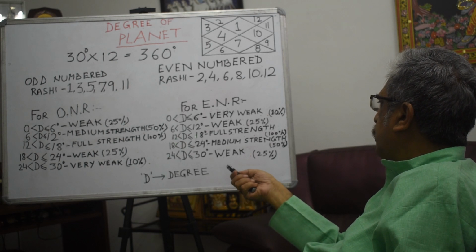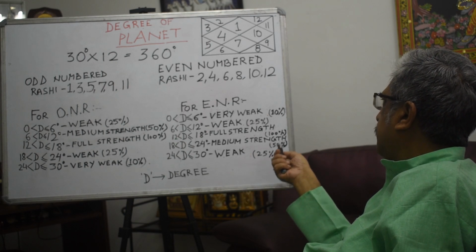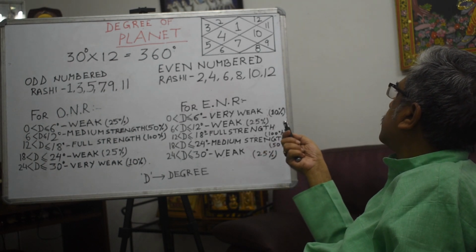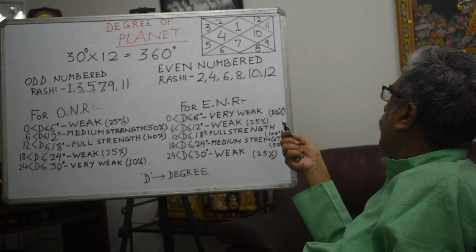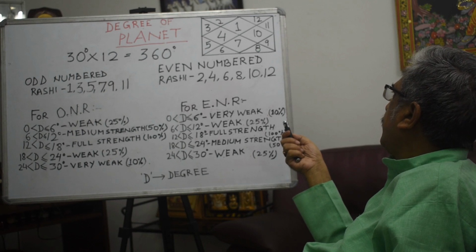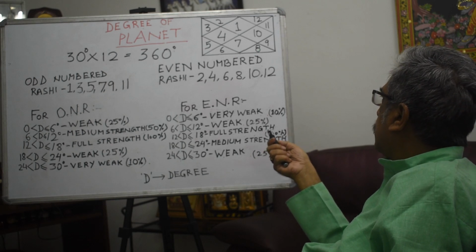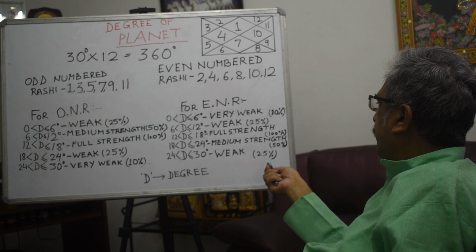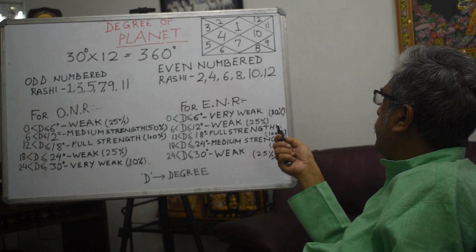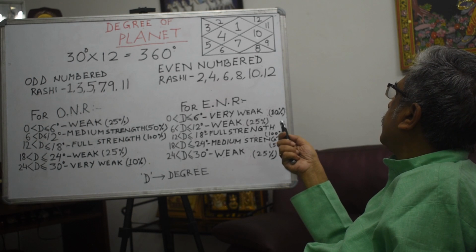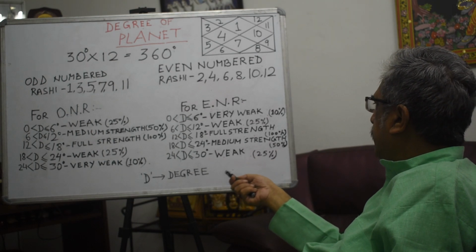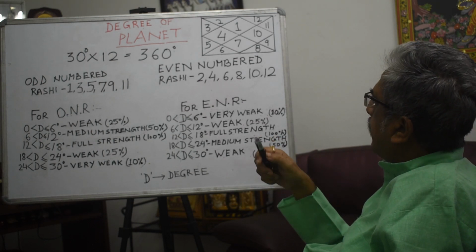So 15 means 12 to 18, 100% result. Again, suppose Scorpio. If Jupiter is placed here at 26 degrees, this is 25% result. If Jupiter is placed in this Capricorn Rashi, where 10 is written, at 20 degrees, then 50% result.